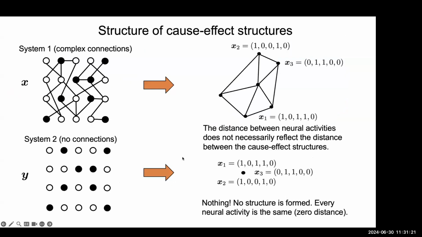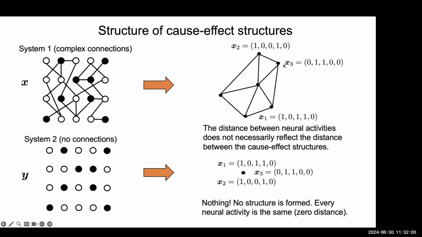But anyway, the important thing is again this extreme case. If we have some complex connections inside the system, then we have a cause-effect structure for a particular neural activity. And then what we should consider is the structure of cause-effect structures. Like this point, in this case, represents not just neural activity, but the cause-effect structure given by this neural activity.